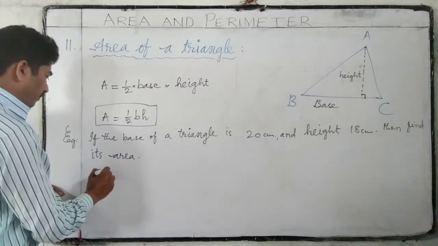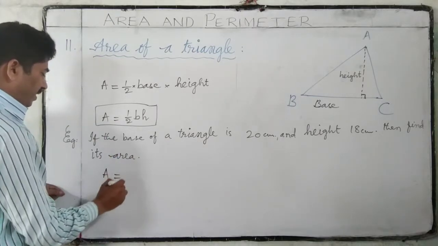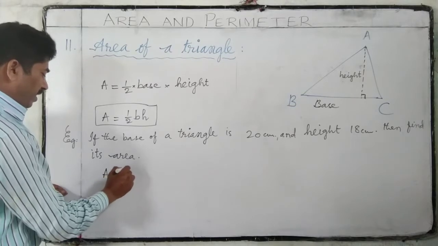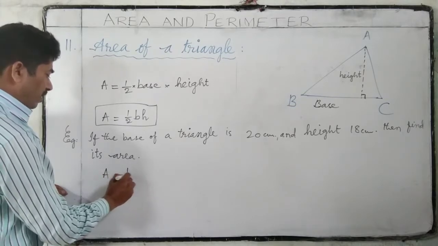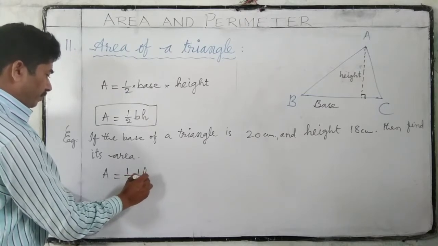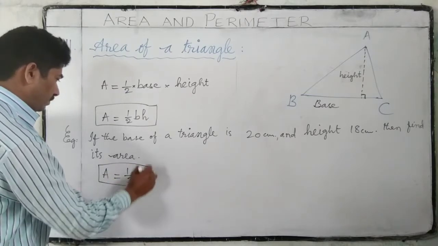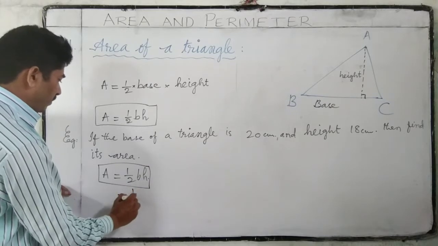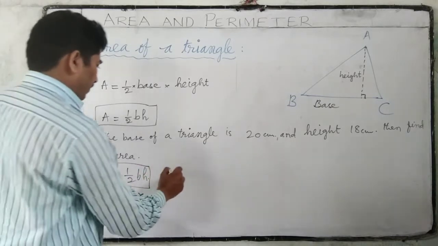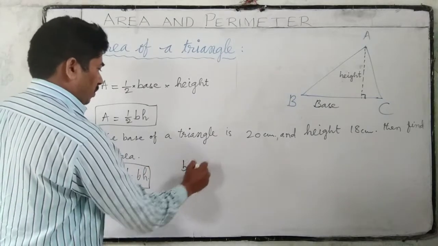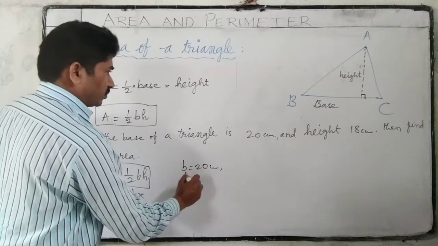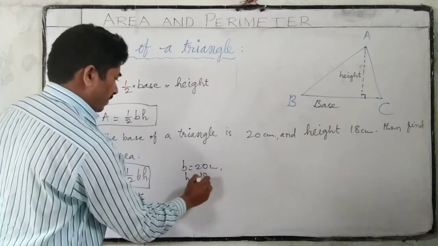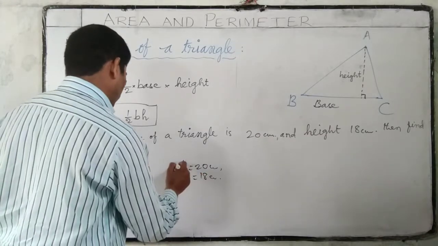So to find area of a triangle, we have a formula. A is equal to half BH. Half into base is given here. B is equal to 20 centimeters and height is equal to 18 centimeters. So these are given.